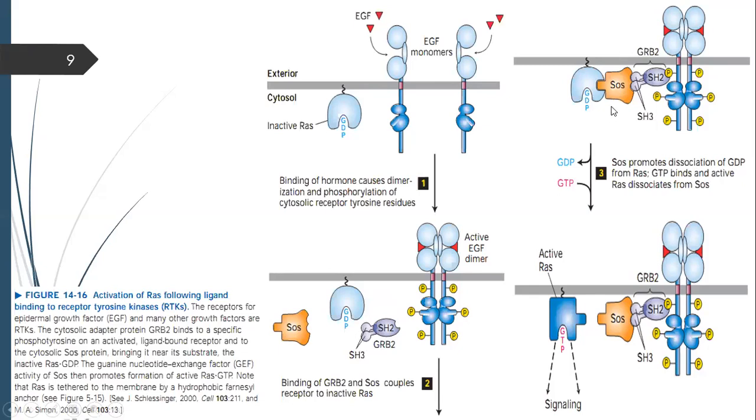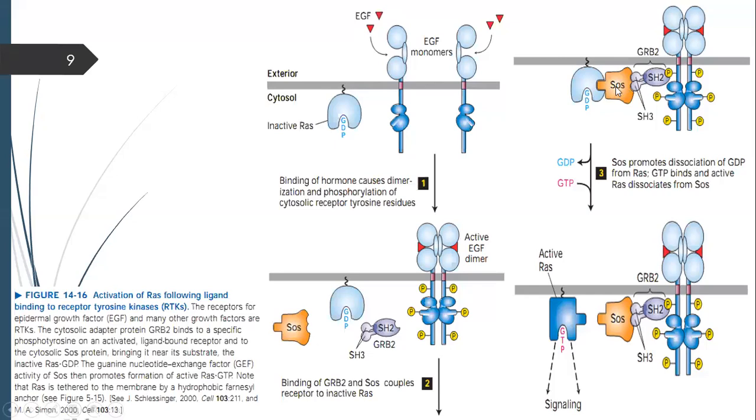Here you can see this GRB2: on one hand, with the SH2 domain, it binds to the receptor, and on the other side, it binds to the SOS protein. SOS is actually the GEF, the GTPase exchange factor.